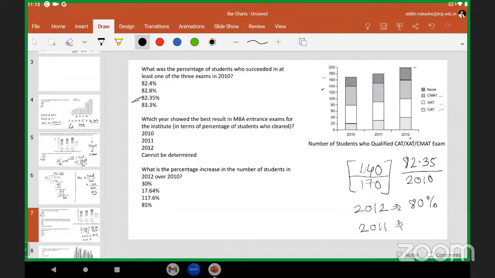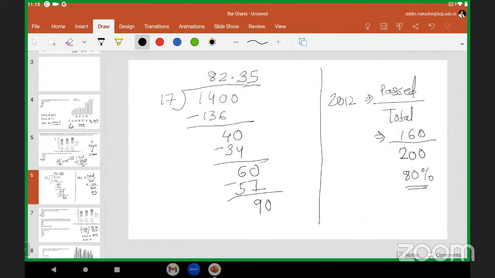So for 2011, the number of students is around 180, and for the students who passed none, if you look closely, the range starts somewhere between 150 and 180. That means 30 students did not pass any, and the total was 180. So passed is 150 upon 180.